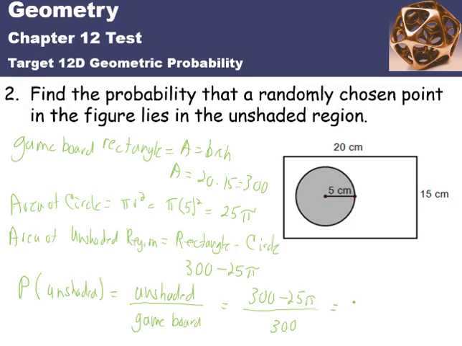On my calculator, I want to open a parenthesis, and then I'm going to type in 300, and then minus 25, and then the pi button, and then close parenthesis, and then divide by, open a parenthesis again, and type in 300 and close the parenthesis. And I get 0.7382, which is 73.82%.